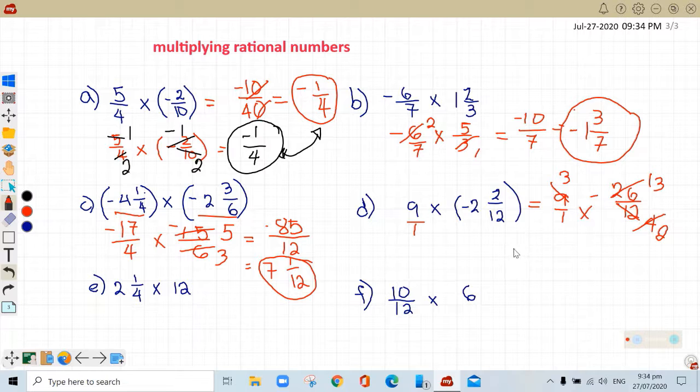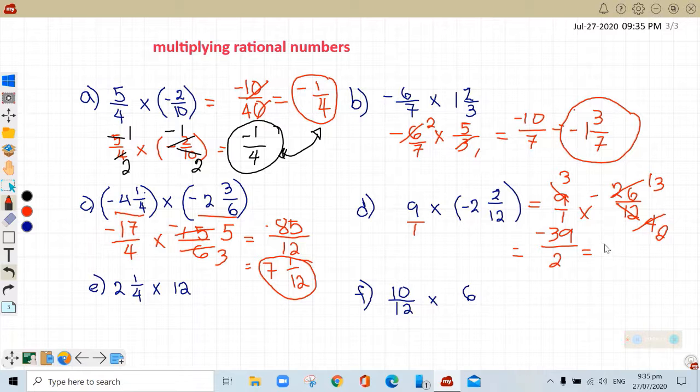Now let's move on to multiplication. So 3 times negative 13 will be negative 39. 1 times 2 will become 2. So after this, we're going to change it to a mixed number. So how many 2s can fit into this?